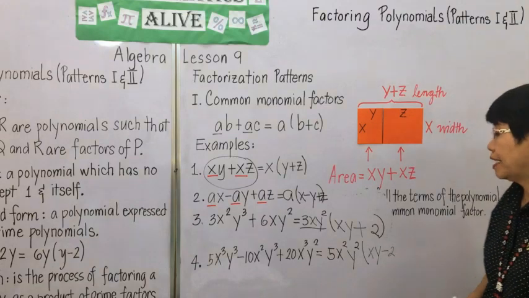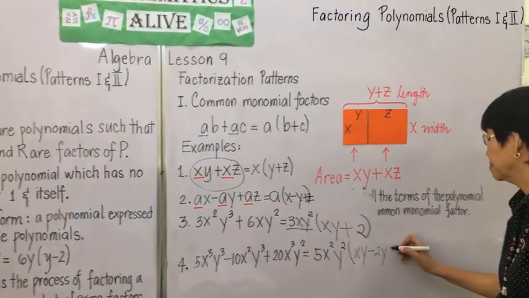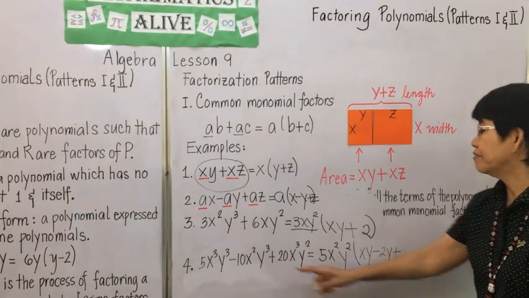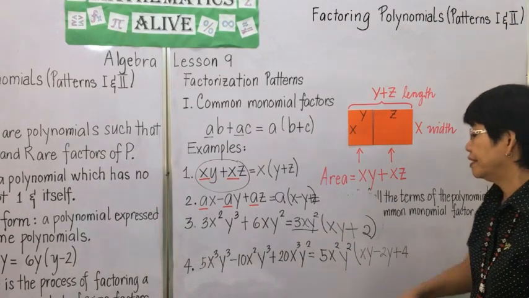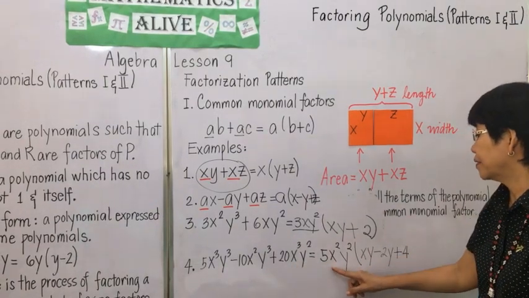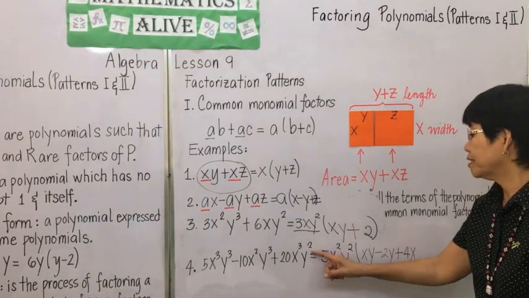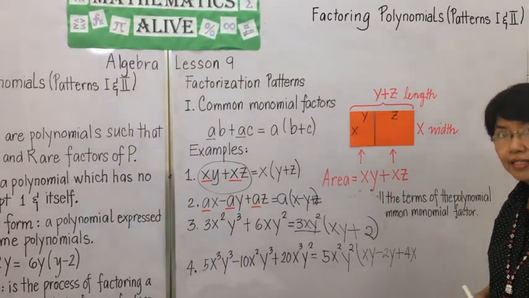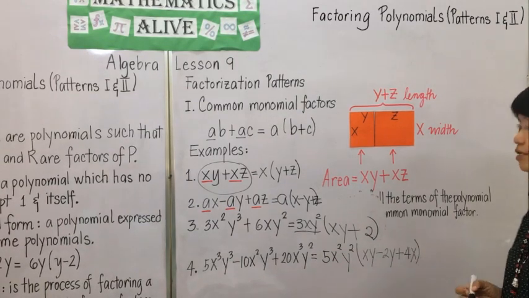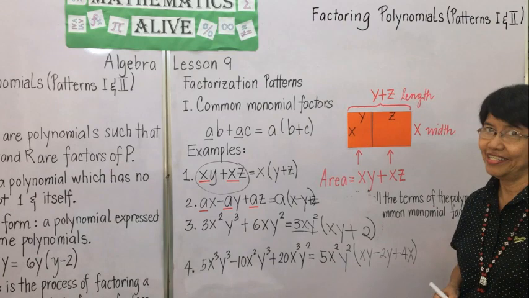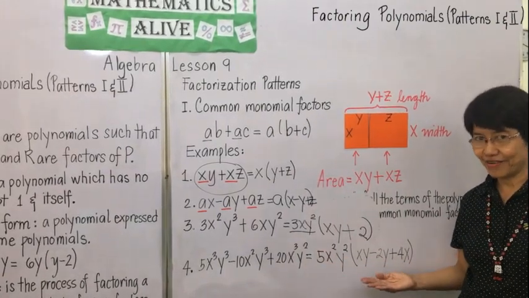So we have 2y. Then plus 20 divided by 5 is 4. Then x cubed divided by x squared is x. And then y squared divided by y squared is 1. So that cancels. And this is your second factor. This is now in the completely factored form.